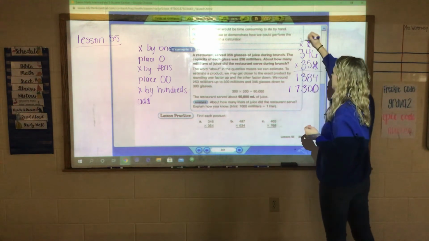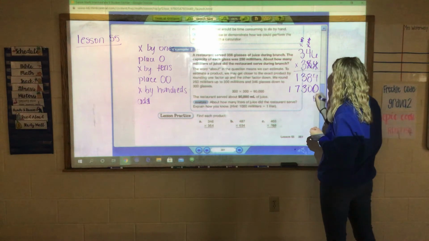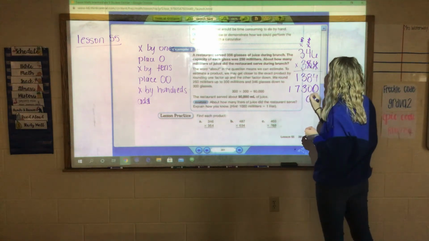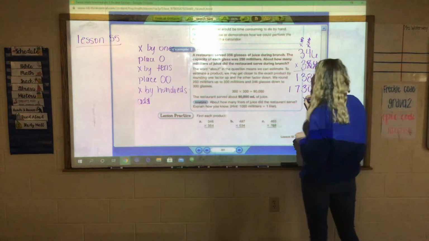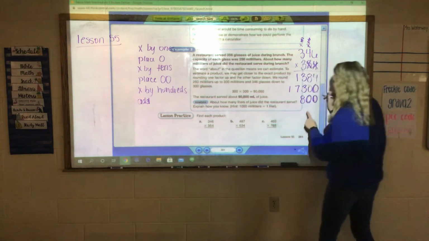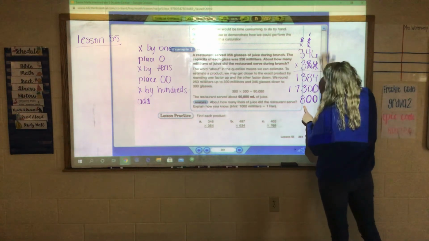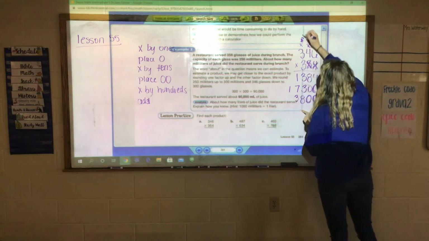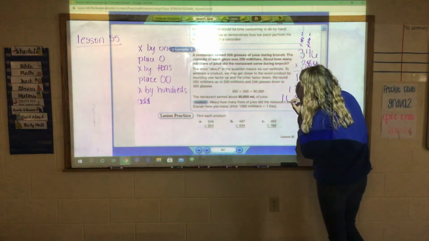All right, now I cross these off because I'm done with those. Cross this off. I have 2 x's, so I need 2 placeholder zeros. 3 times 6 is 18. Write it. 3 times 4 is 12 plus 1 is 13. 3 times 3 is 9 plus 1 is 10.